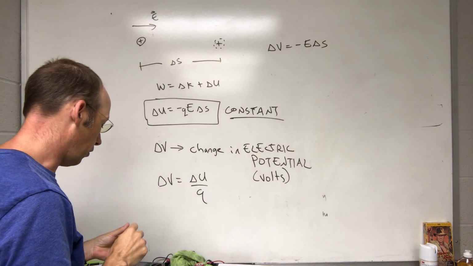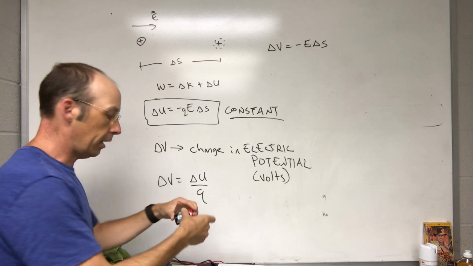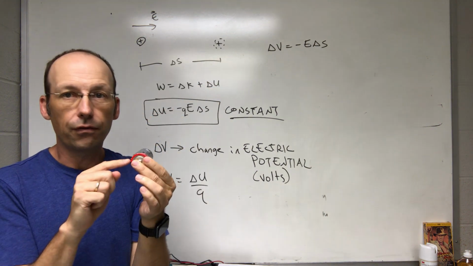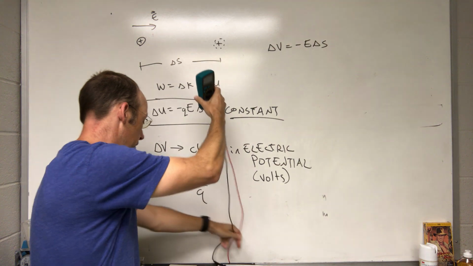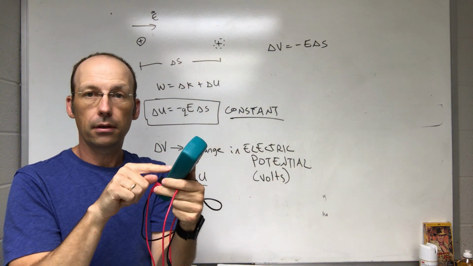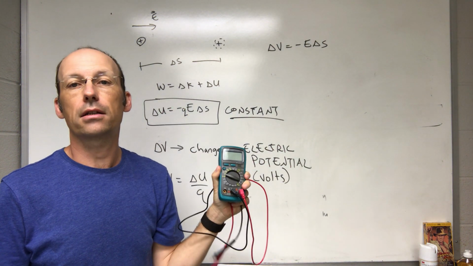And just so you know, it's not a constant field, but if you look at this D-cell battery, and it says the voltage is 1.5 volts, and then I measure that voltage with a multimeter like this, that is the change in electric potential. What you're measuring is the change in electric potential.